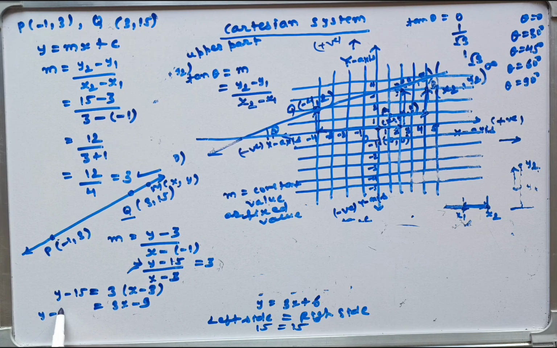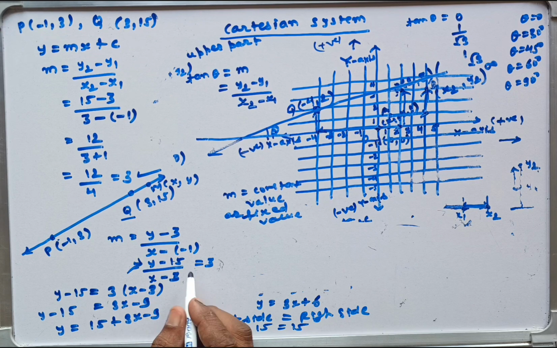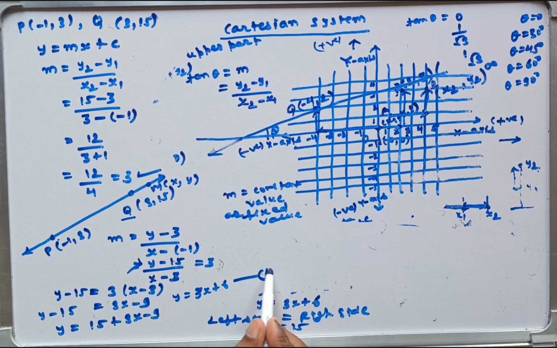So y equals 15 plus 3x minus 9, and this becomes y equals 3x plus 6. See, this equation and the earlier equation are both the same.